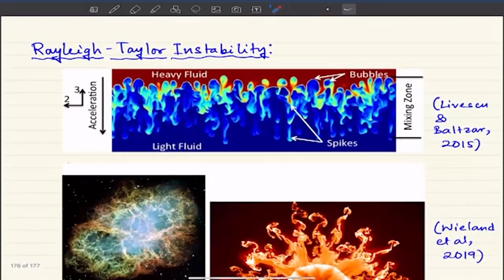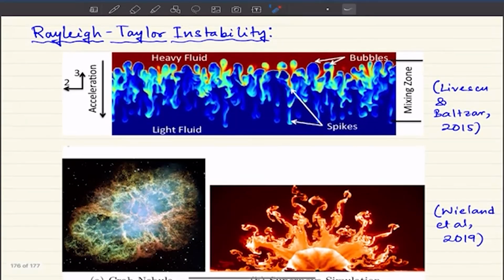So in this slide I will try to show you different observational instances of Rayleigh-Taylor instability. One is taken from a paper by Livescu and Baltzer in 2015. Here you can see a numerical simulation in which the heavier fluid penetrates the lighter fluid. This was not special for astrophysics, just a normal Rayleigh-Taylor simulation.